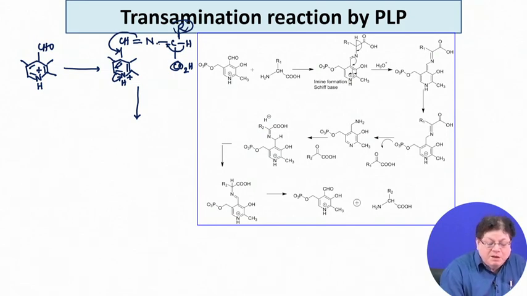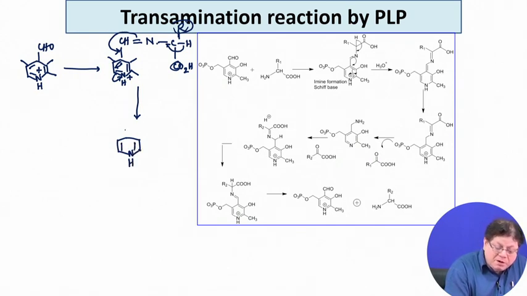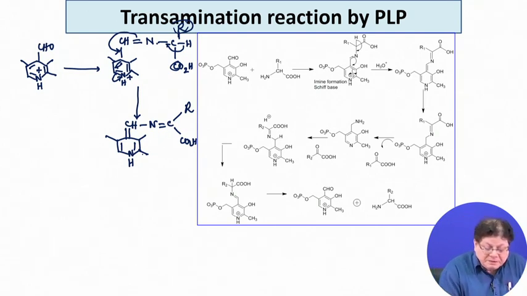So, if this hydrogen is lost, then what you get is a system which is NH double bond, then you have a double bond here CH, and then N double bond C, and you have R, you have CO2H. And these are the three substituents. Now, what happens? This system has paid the price of acting as an electron sink, and what is the price? The price is that this was aromatic to start with, now this is not aromatic.